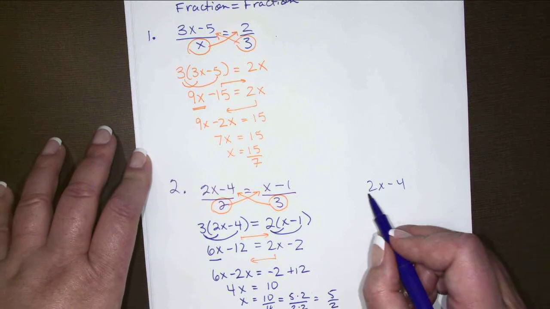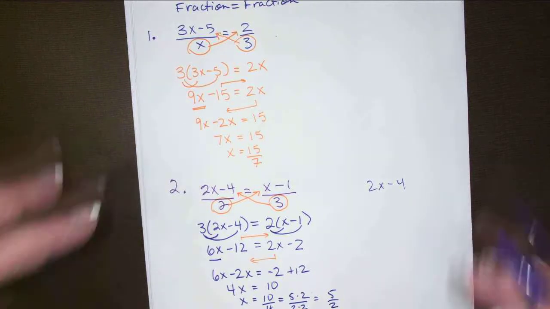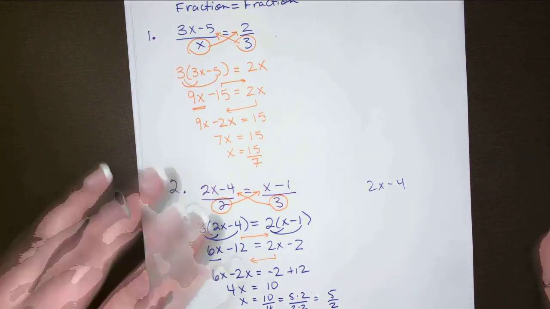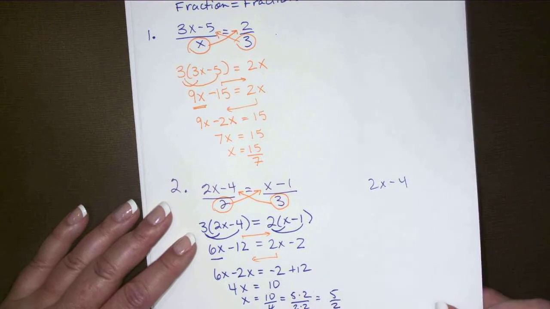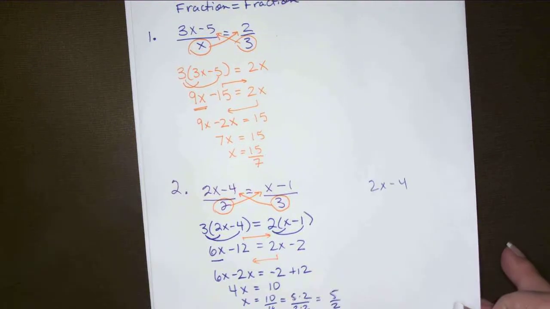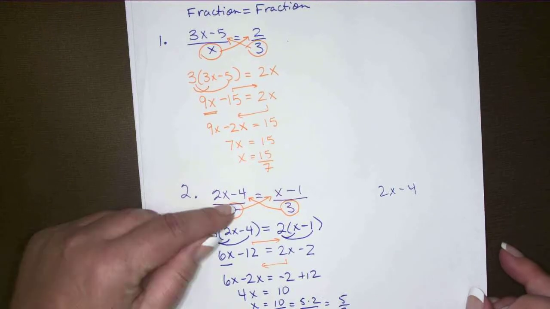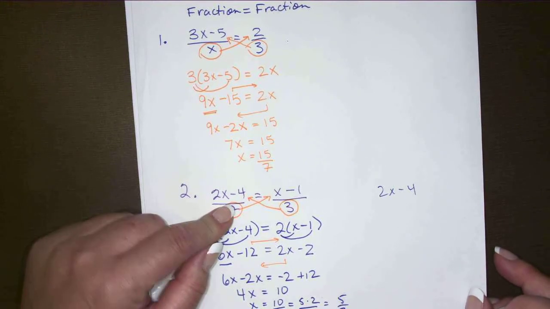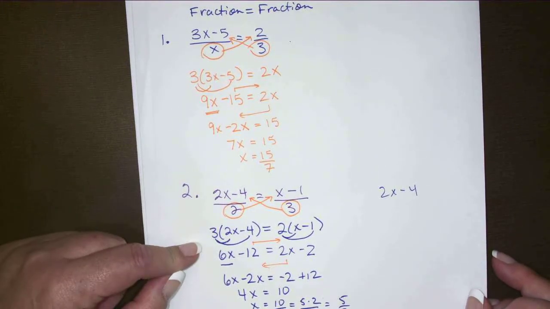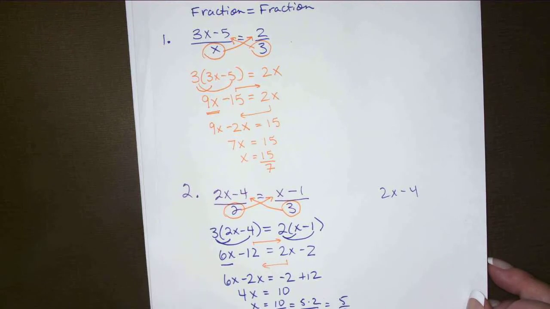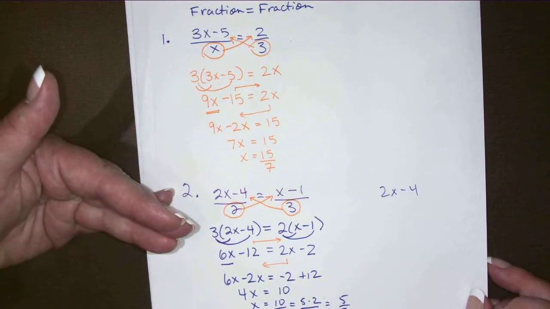But as soon as you divide it or multiply it by something, it's now held together as sort of one term. So the next few examples actually start with 3 terms. Then we need to get them to 2 terms so that we can cross multiply, so that we have an expression that has no fractions in it, and then we solve it. So it's sort of like one step before this. Okay?